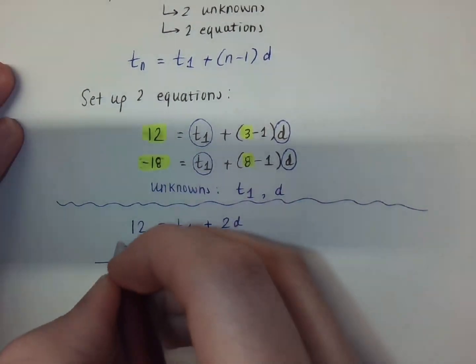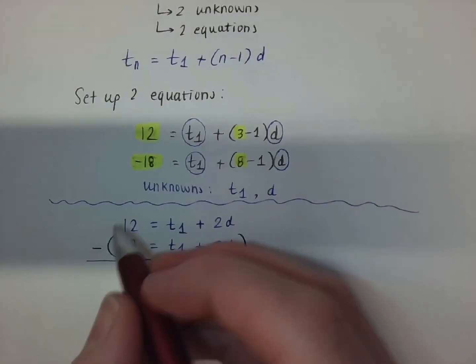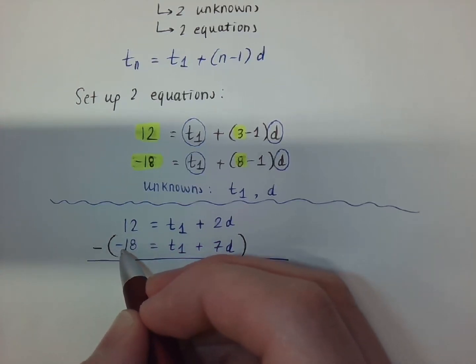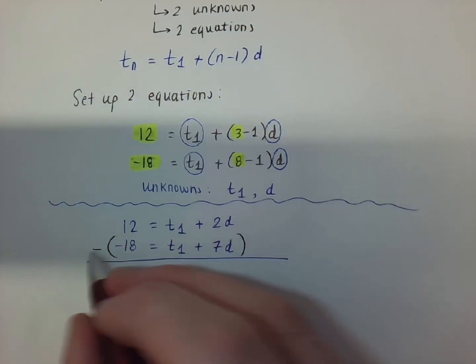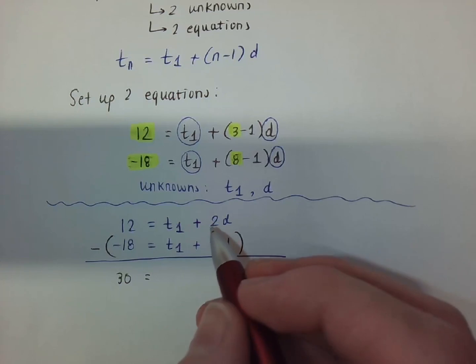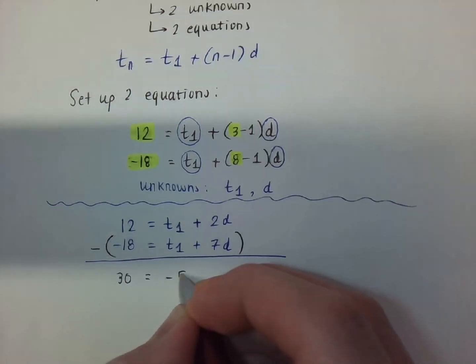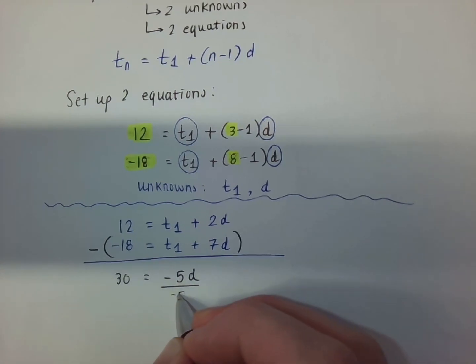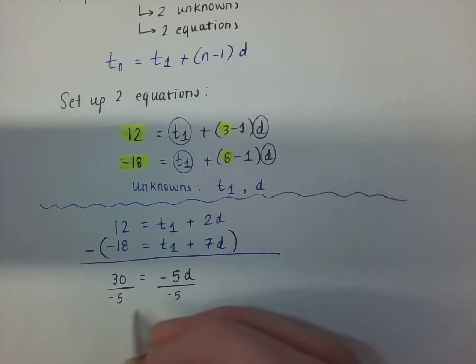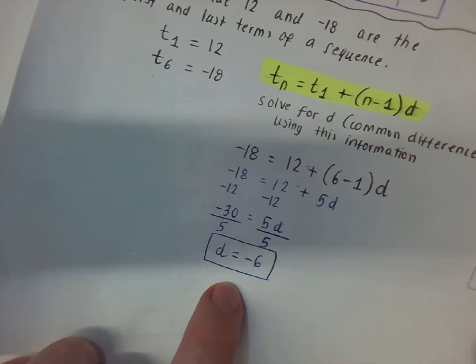If I take this equation and subtract this equation, 12 minus negative 18 is going to be 30. T1 minus T1 disappears. That becomes eliminated. 2 minus 7 is negative 5d. Then I can solve for d, right? Divide by negative 5, divide by negative 5. d equals negative 6. And I know that that's correct because we already solved for that in another question. We just used a different method.